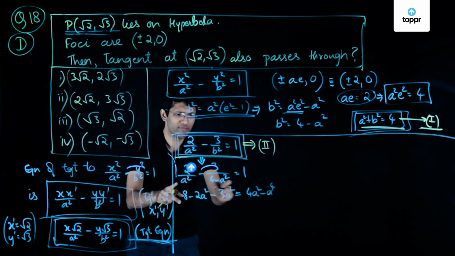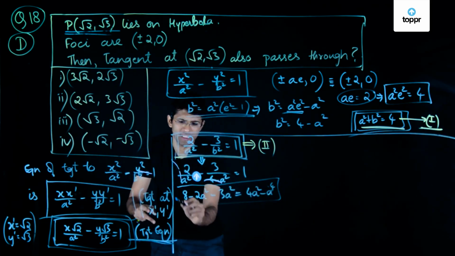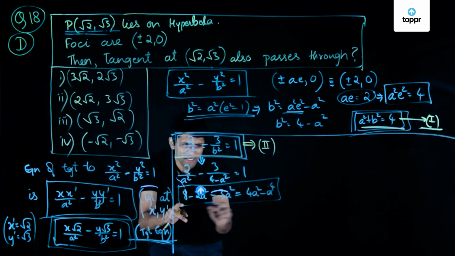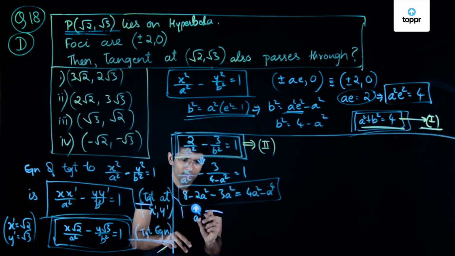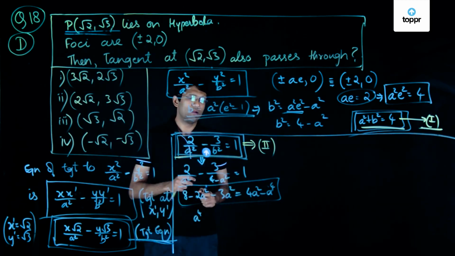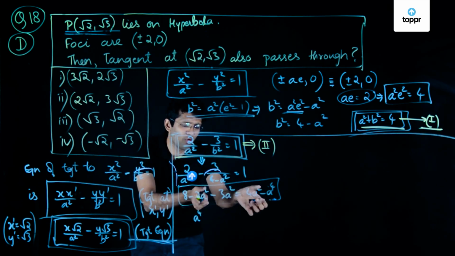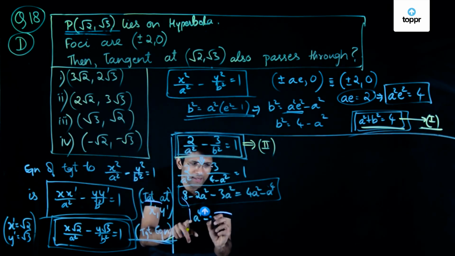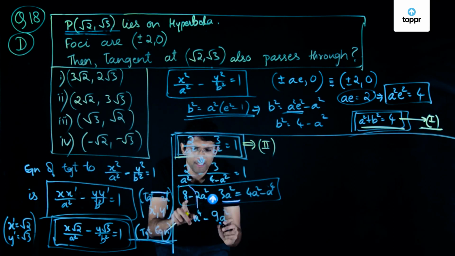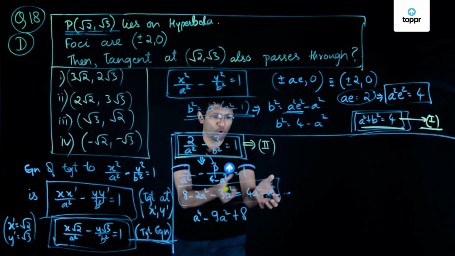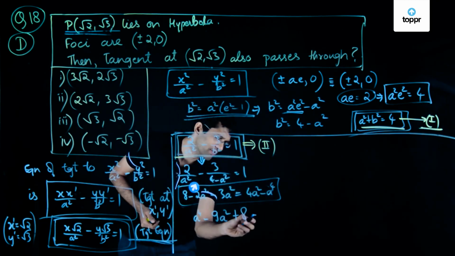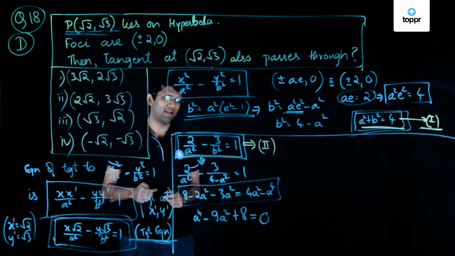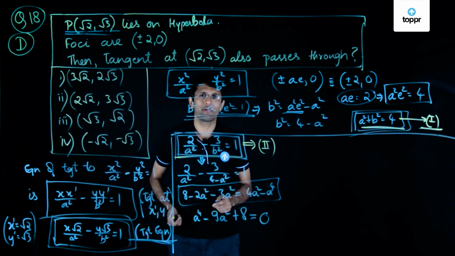Next, from this equation, we obtain a quadratic in a square, which can be easily solved. Now, when you rearrange this equation, you will get a to the power 4 minus 9a square plus 8 on the left hand side, and 0 on the right hand side. Well, now this is a quadratic in a square, which can easily be solved.